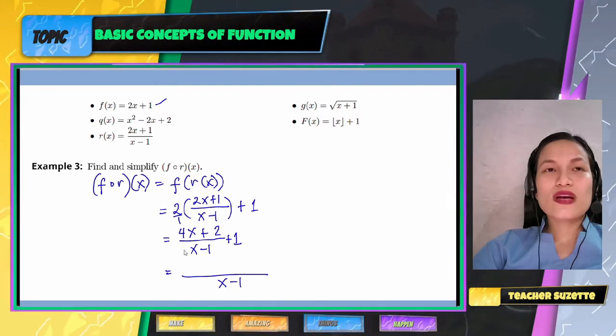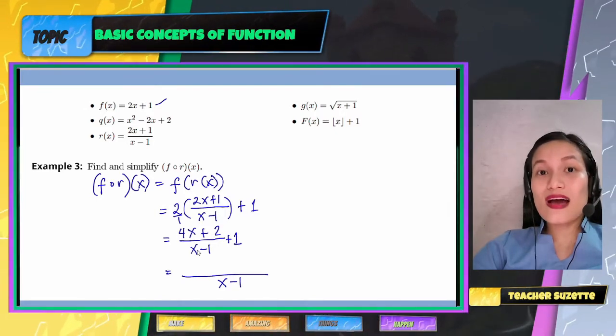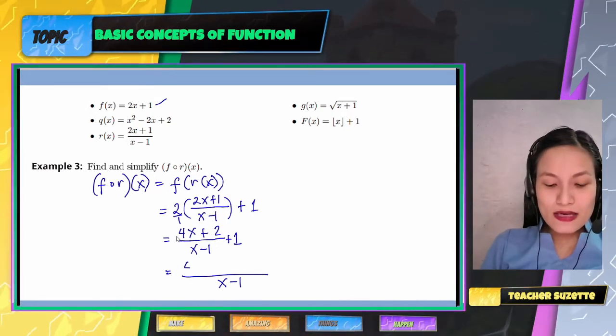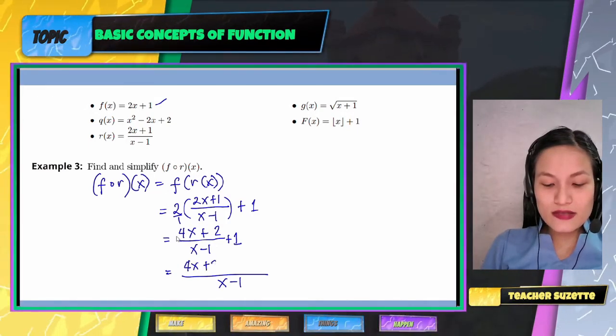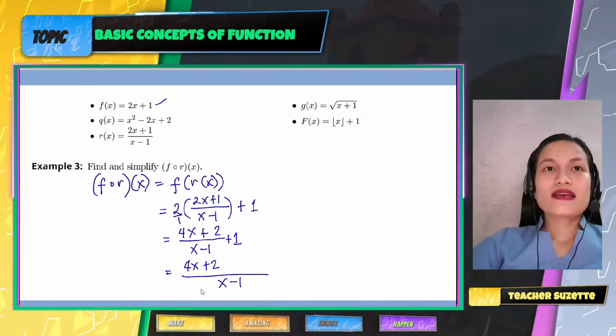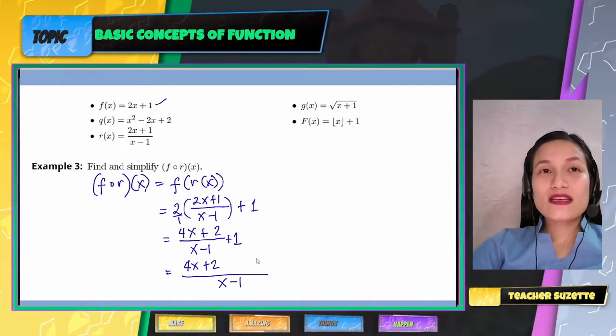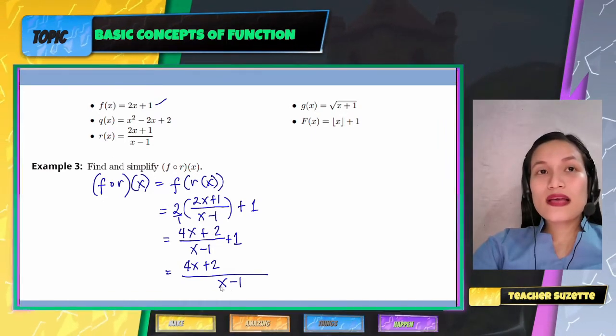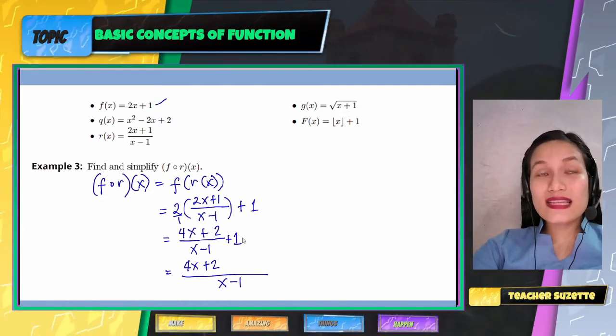So, x minus 1 divided by x minus 1, you will have 1. Then, times natin siya sa 4x plus 2. So, copy na lang natin yung ating 4x plus 2. Then, ito naman, no need to divide kasi 1 lang din naman yan. Then, automatic na natin i-multiply itong x minus 1 sa ating 1.